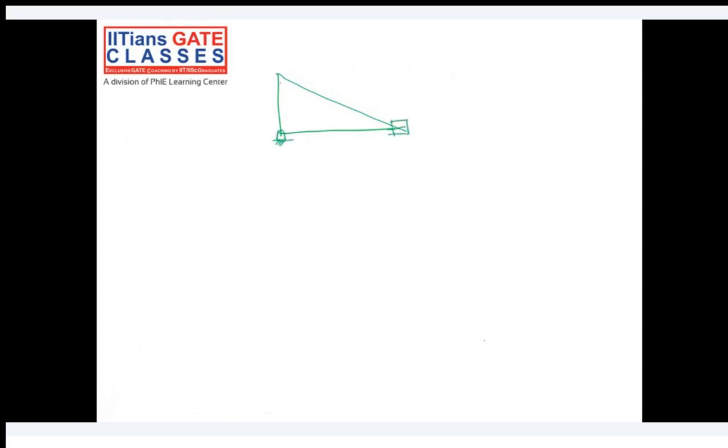So this is our crank, let's call it OA, and this is AB, and this is G. This is a right angle, 90 degree. If there is a 90-degree angle in the linkage or mechanism, how will your velocity diagram look? That is the question.